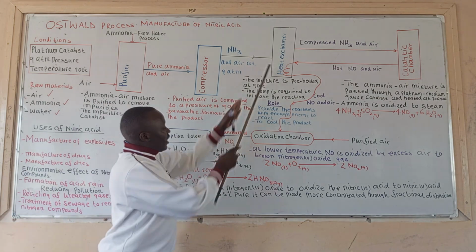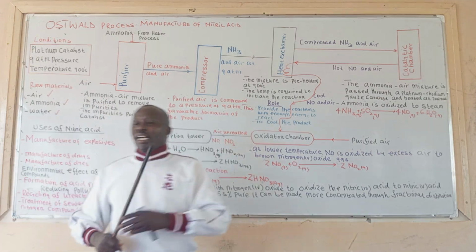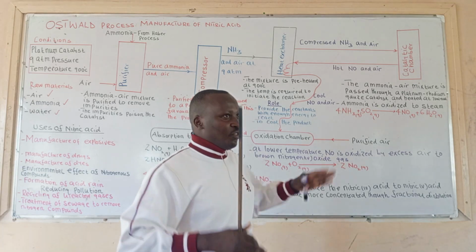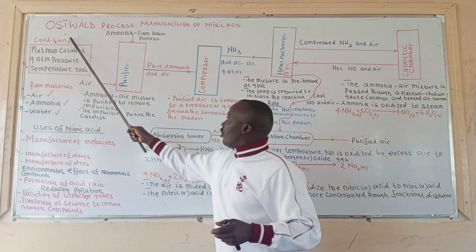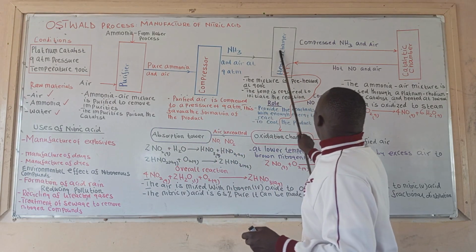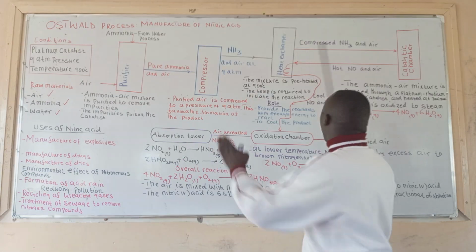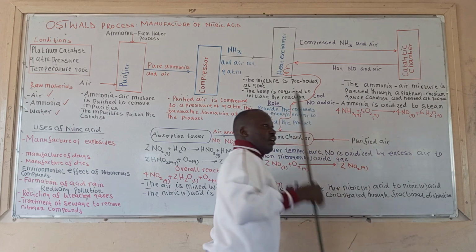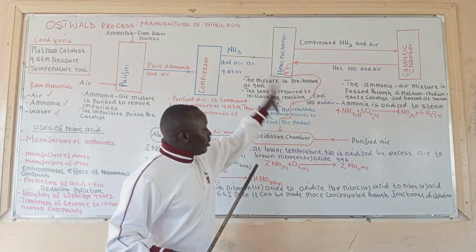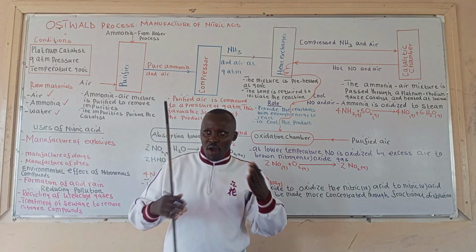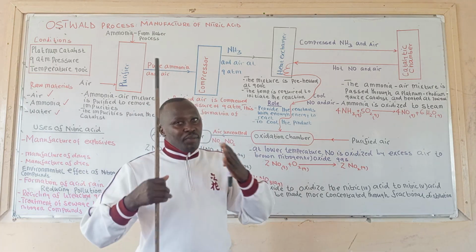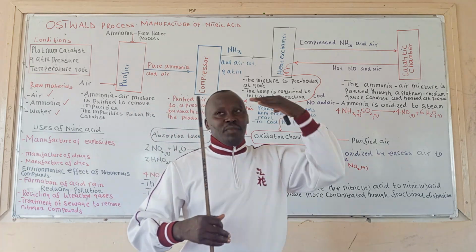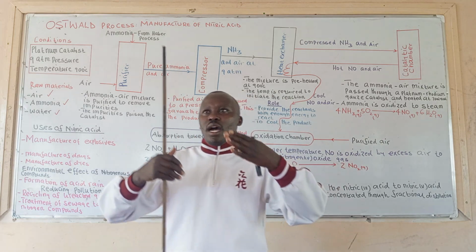In the heat exchanger chamber, there are some conditions required for the reaction to take place. So here we have the conditions required in the heat exchanger and of course the catalytic chamber. In these two we have the conditions required for the reaction to take place. One, we have a platinum catalyst. This platinum catalyst is mixed with rhodium.